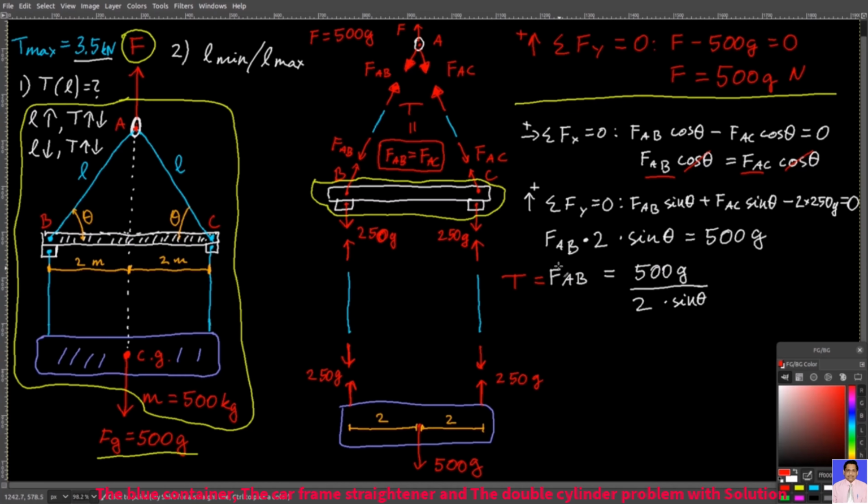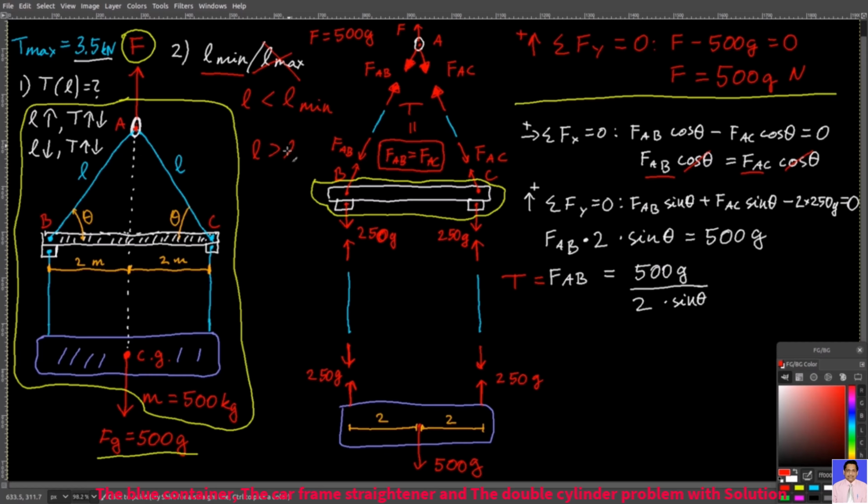And now, since we know that decreasing length increases the tension force, we know that we have to find the minimum length. So if the cable is less than this L min, then the cable will break because the tensile forces will be too great here.